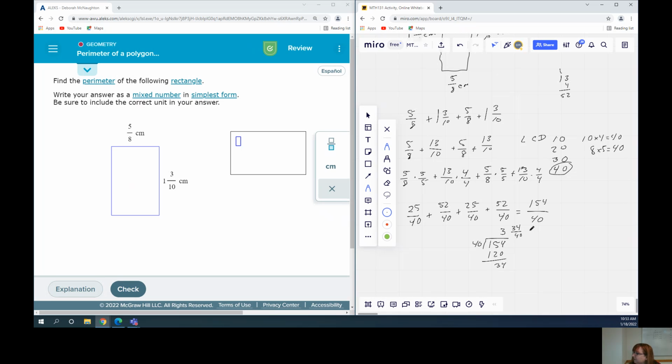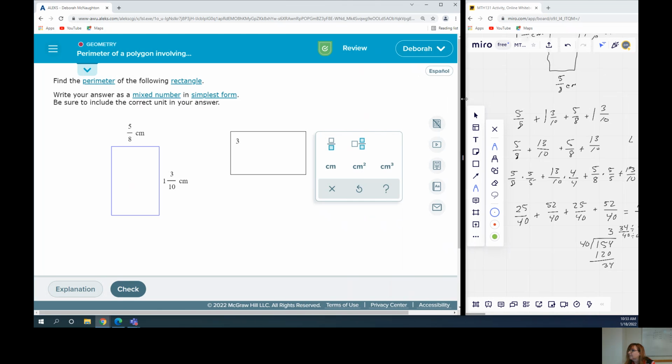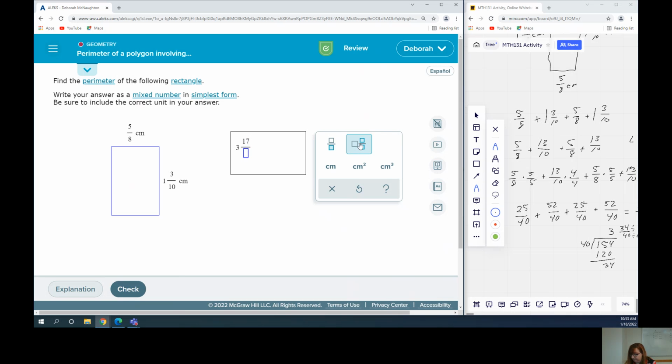These are both divisible by 2, and I get 17 over 20. So the answer is 3 and 17/20 centimeters. Oops, I need to put that up at the top.